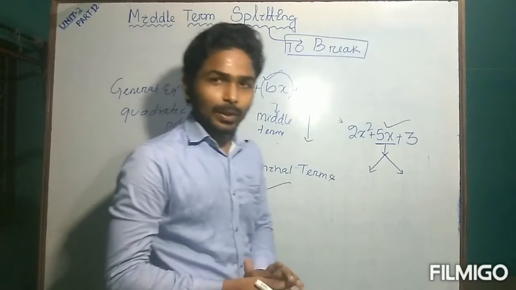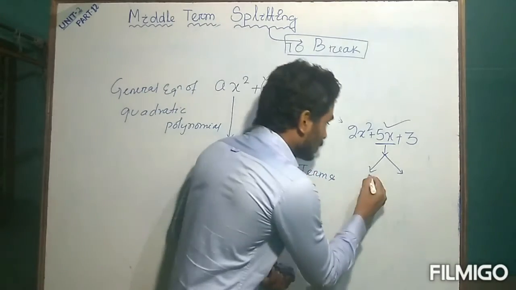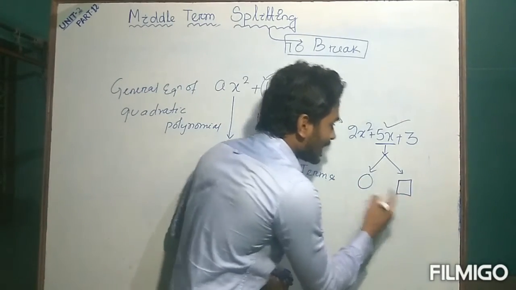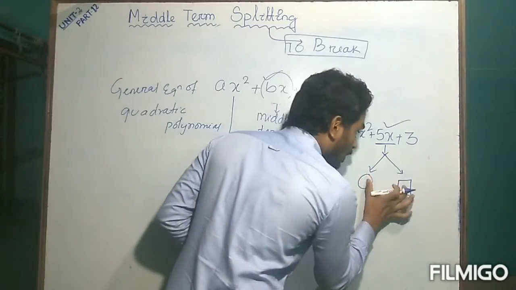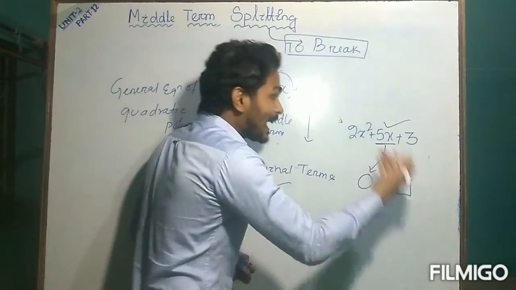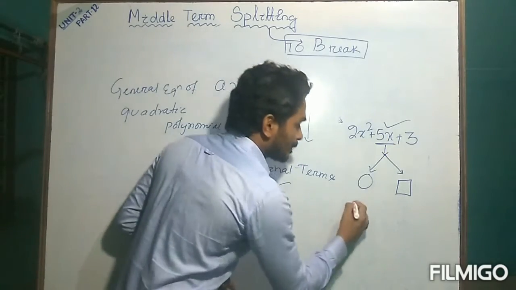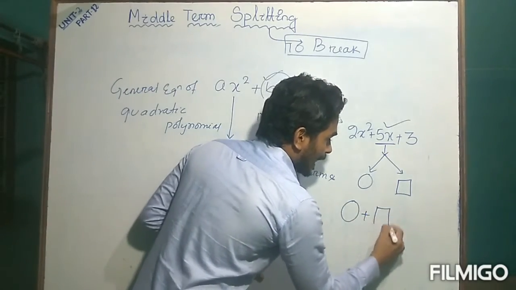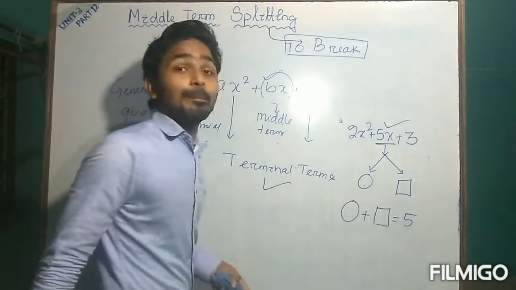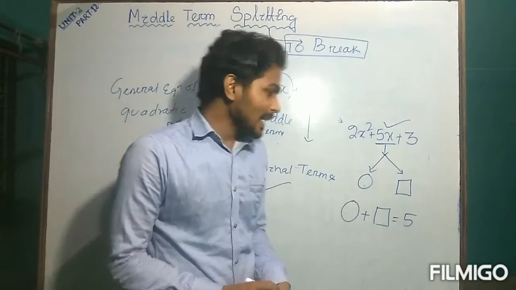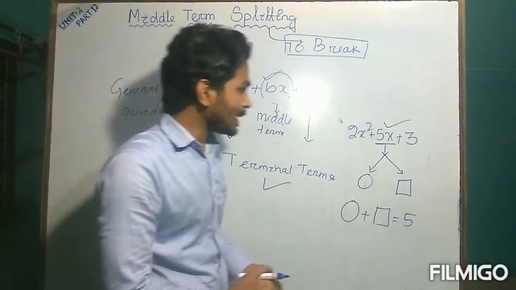The two parts formed, suppose this is one part and this is the other part, must give 5 after adding. This is the first thing you have to remember.